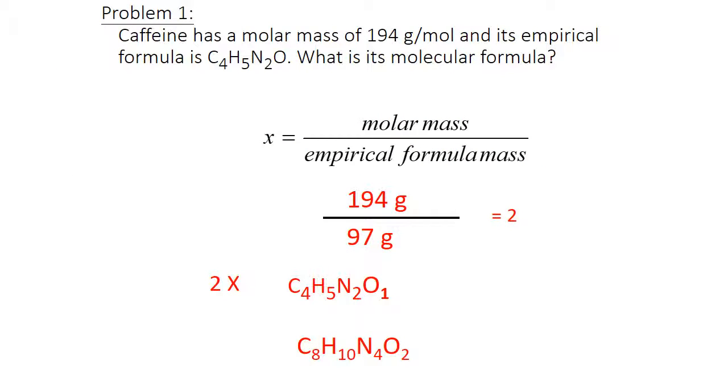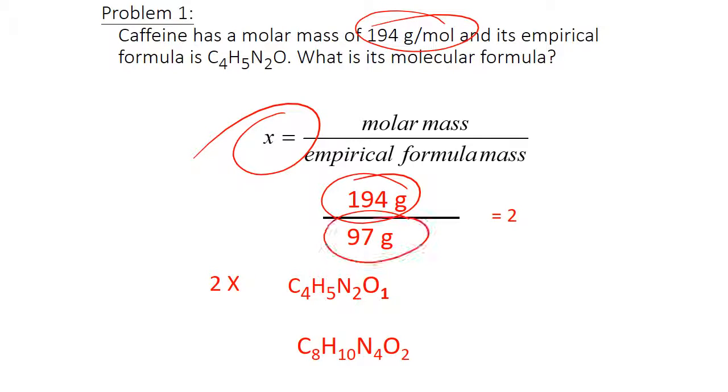So this is the worked example. Caffeine has a molar mass of 194 grams per mole, and empirical formula C4H5N2. So what's its molecular formula? Well, we work out something called X, which is the common ratio, which is going to be the 194, which we get from the question, divided by 97, which is the empirical mass, and this should all be in grams per mole.